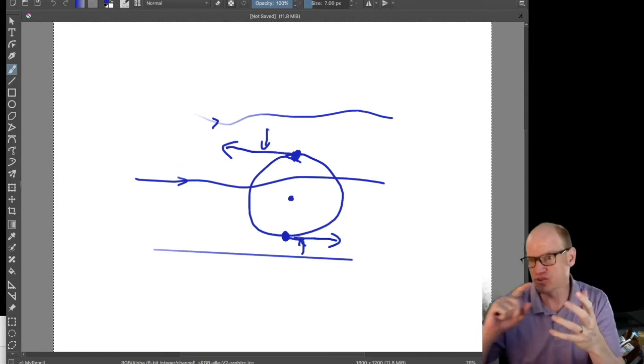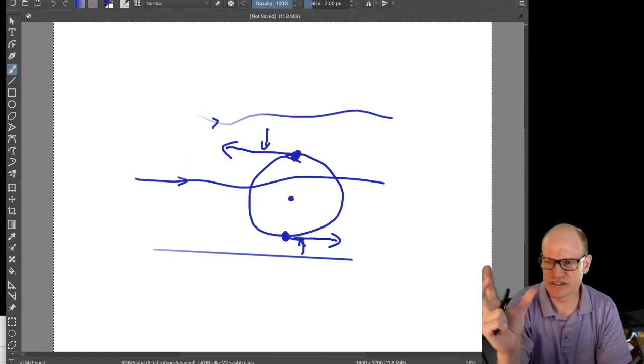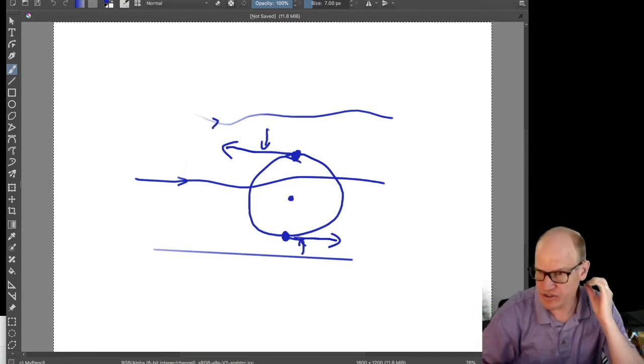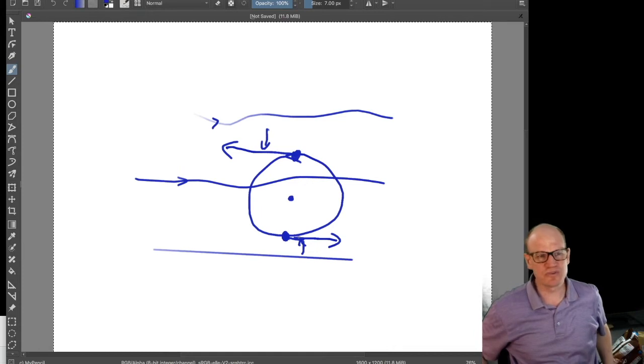You would see something over the course of a year, because the Earth would be drifting in its orbit around the sun, and you would get the difference in the orbital motion of the Earth around the sun. The orbital motion of the Earth around the sun is what, 30 kilometers per second?